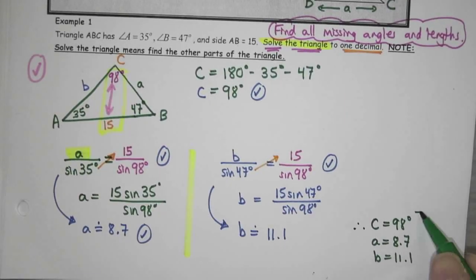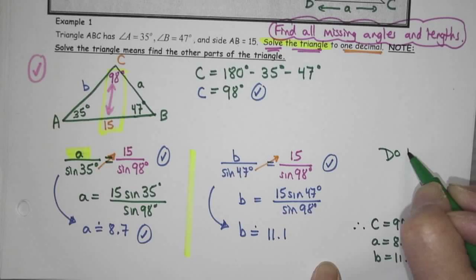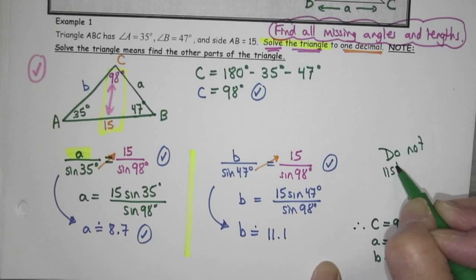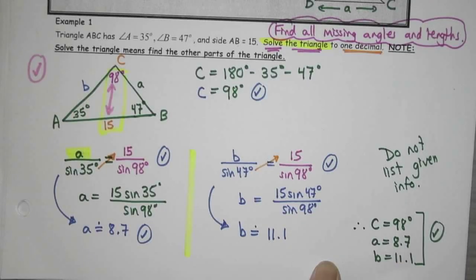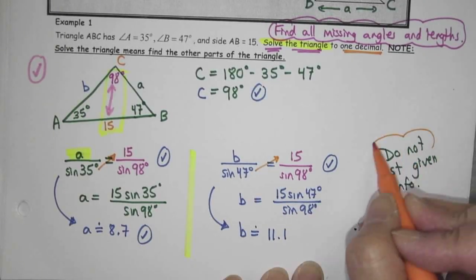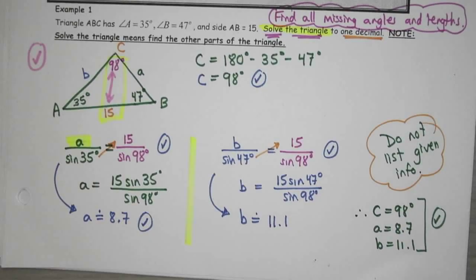I just need those three. Don't tell me what I gave you. Do not list the given info. Does that make sense? I don't want you listing, oh, angle A is 35. I gave you angle A is 35. Don't tell me B is 47. I gave that to you. So just tell me the three things that you found that you were missing.